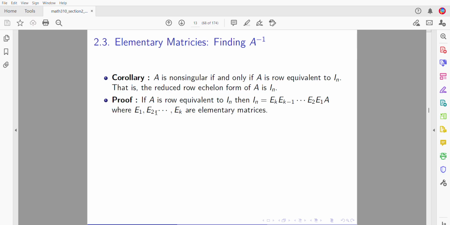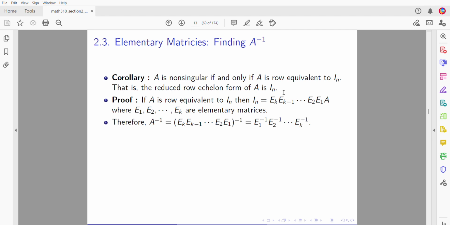We know A is row equivalent to identity. That's the second statement. Assume A is row equivalent to identity. What does that mean? You are taking some elementary operations on A and you're getting I_N. Okay, that's what it means to be row equivalent. Elementary row operations are nothing but multiplications on the left by elementary matrices.